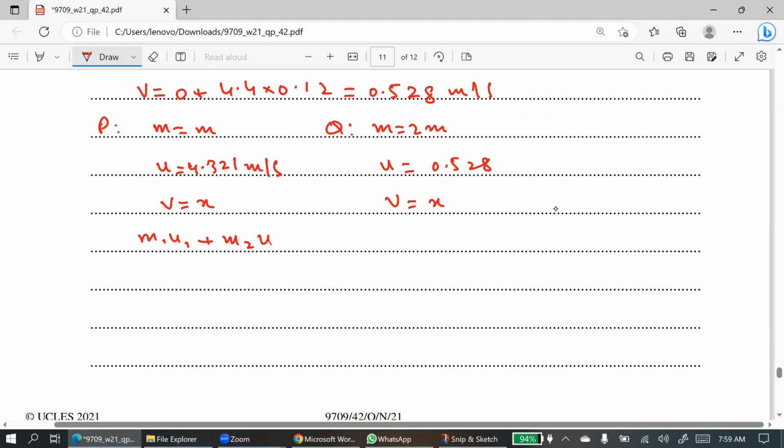Now m1u1 plus m2u2, the initial momentum, is equal to m1v1 plus m2v2, the final momentum. For particle P, m into initial speed 4.321, plus for second particle Q, mass is 2m, initial speed is 0.528. After the impact, for P, m into x, and for Q, 2m into x.